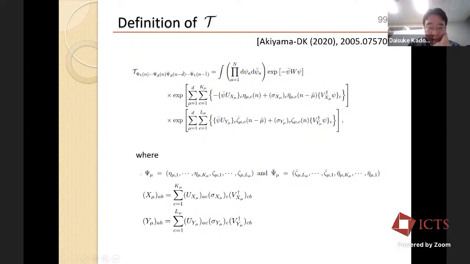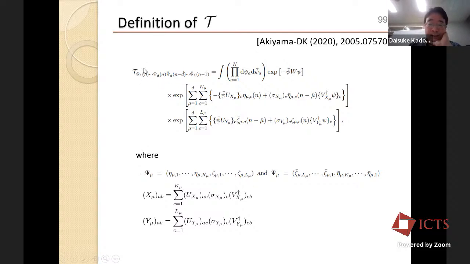In this representation, the rank of the Grassmann tensor is 2D, but each Grassmann index is made of K mu plus L mu Grassmann numbers.